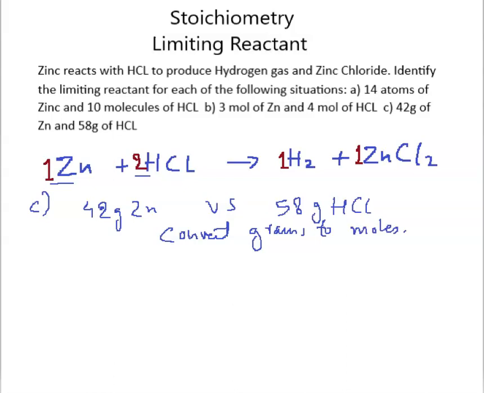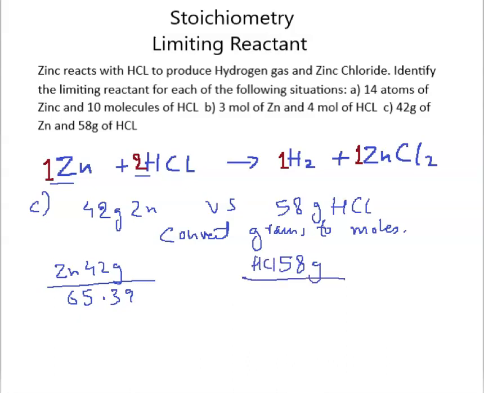So zinc, 42 grams divided by the atomic mass, which is 65.39. You can check that from the periodic table. And for HCl is 58 grams HCl.